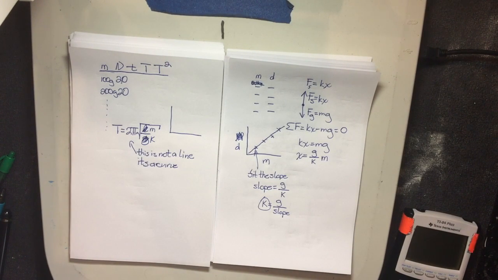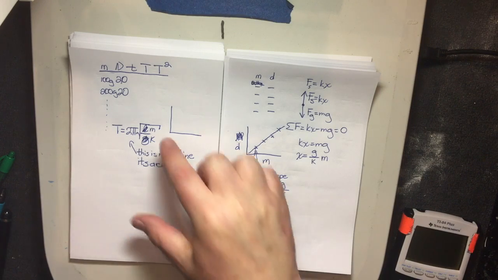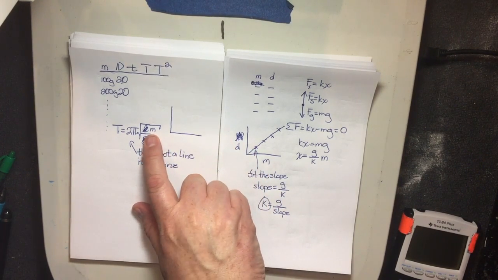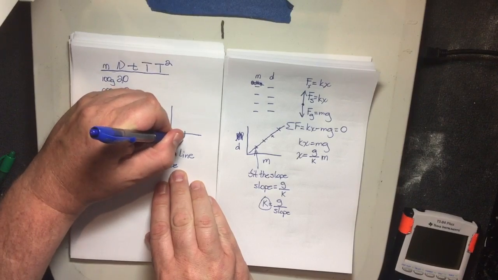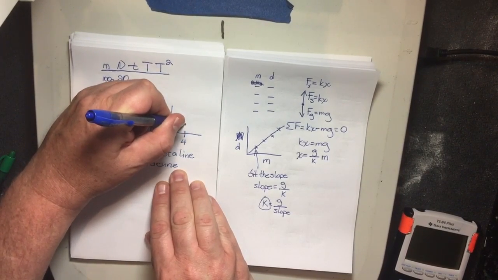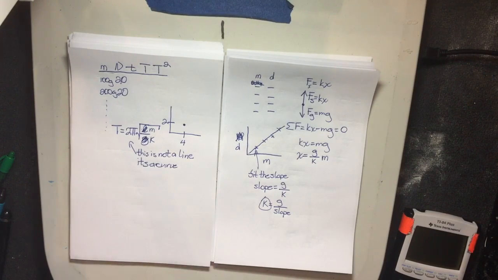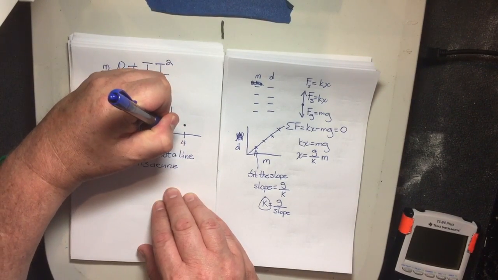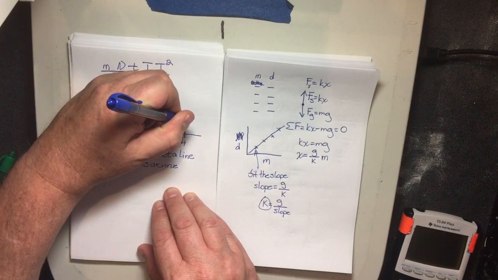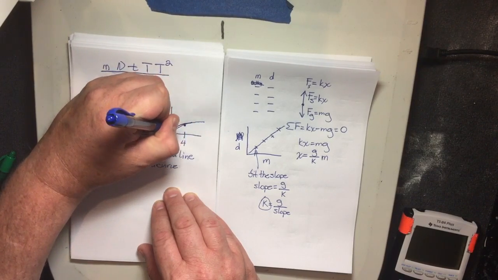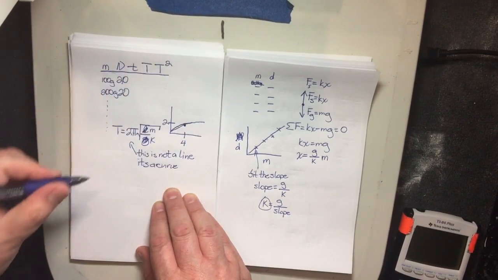So with this period, you're not going to get a straight line out of this. You have to quadruple the mass to get double the period. I think it looks like something like that. It's not very straight.